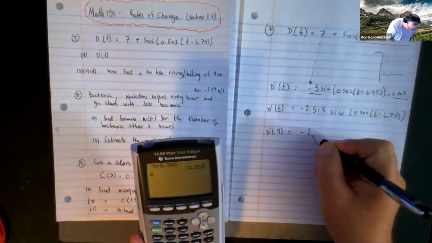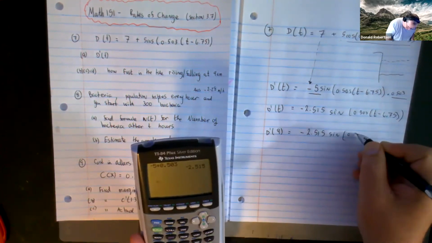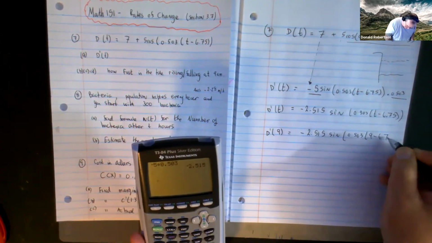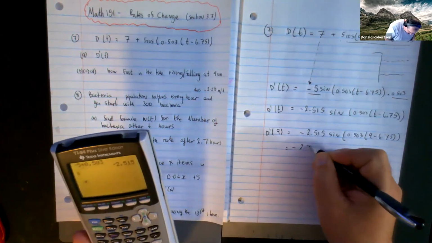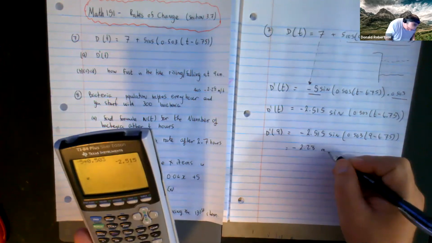And it ends up being a really ugly calculation. That guy. And I'm just going to tell you the answer because I don't want to hit buttons and screw it up. It's that, and the units are meters per hour.